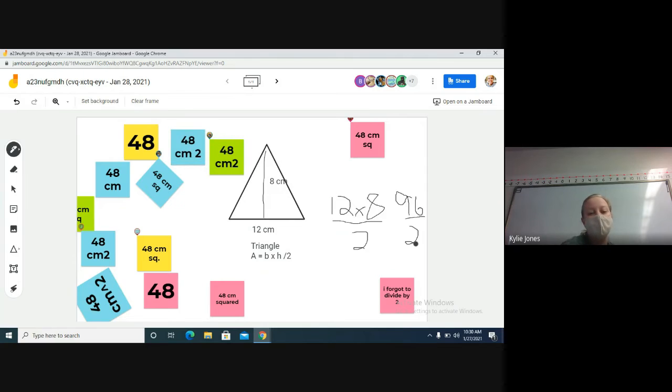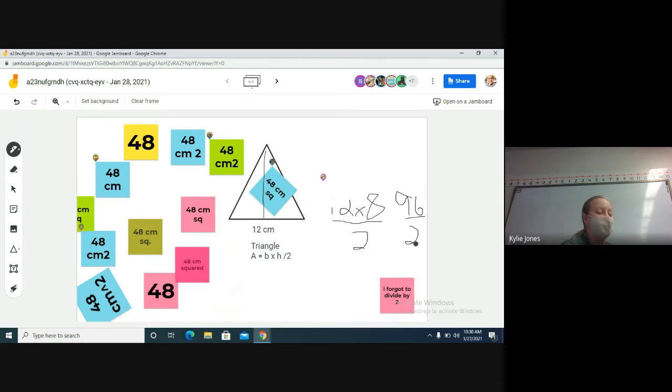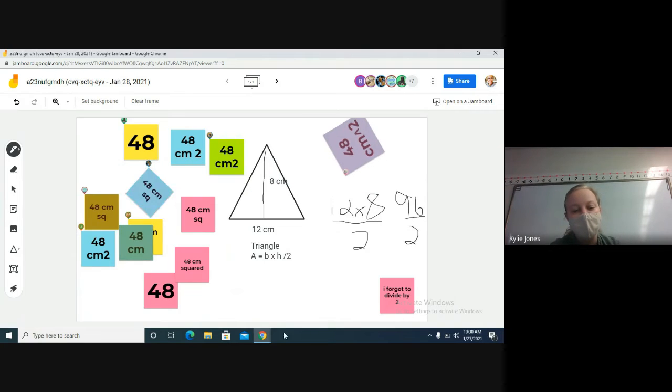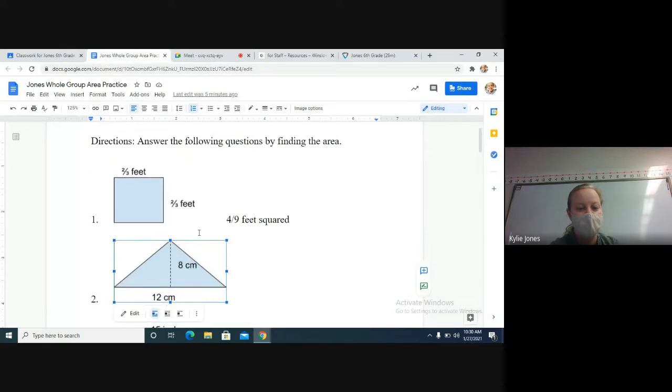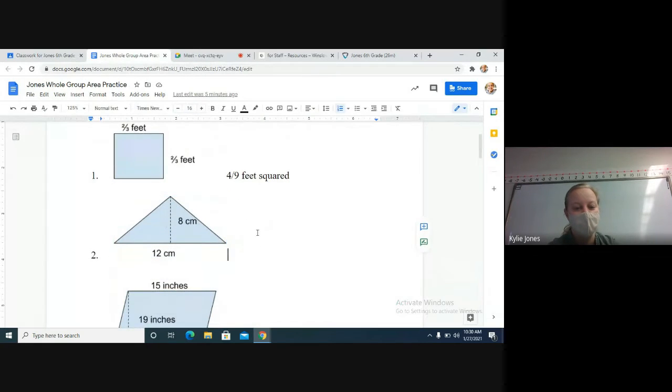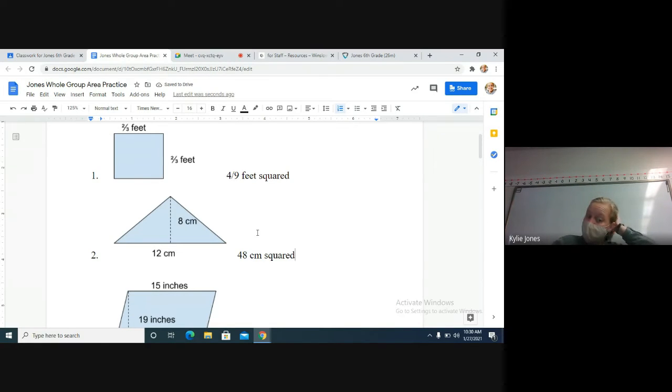Although I honestly can't tell right now if you guys are just copying someone that gets to write and writing the same answer, but that's right. So we need to go and put our answer on our Google Doc. We need to write that it is 48 centimeters squared. Put your answer on number 2.